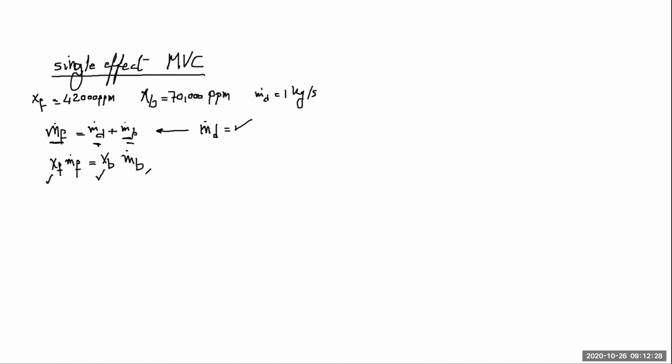Then we solve it, and we get the value of m dot feed. You have done that already in the third problem of the midterm exam, that m dot feed here is going to equal 2.5 kilograms per second, and accordingly m dot brine is 1.5 kilograms per second. So that is our first thing to do, which is basically the mass balance.